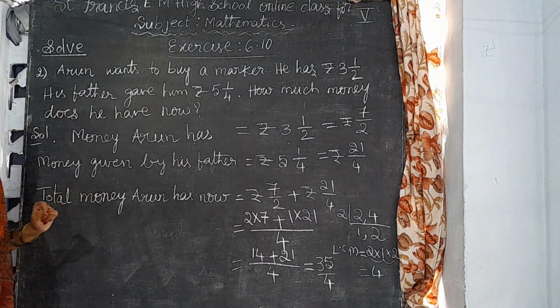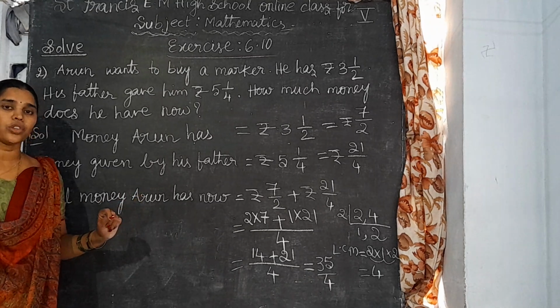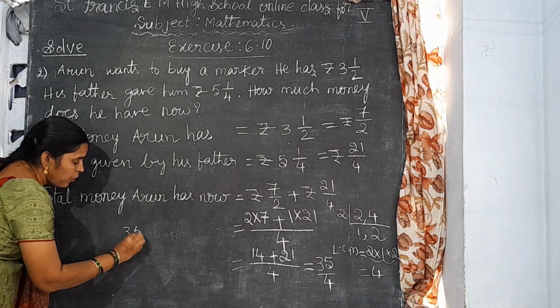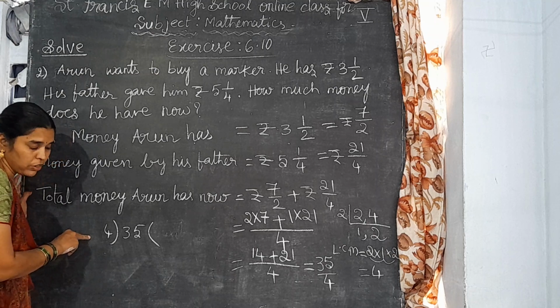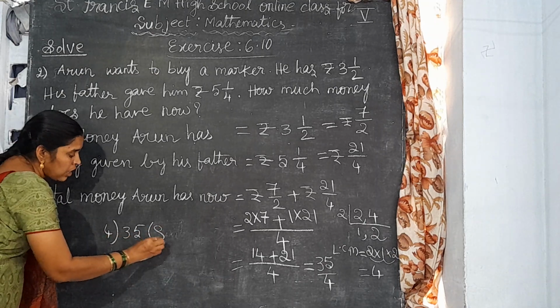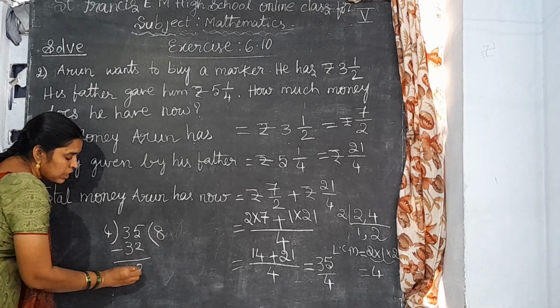What is that fraction called? Improper fraction. So you should convert it into a mixed fraction. Here I am writing that one. 35 you should divide by 4. You know the fourth table very well, right? So 4 8s are 32. What is the remainder? 3.